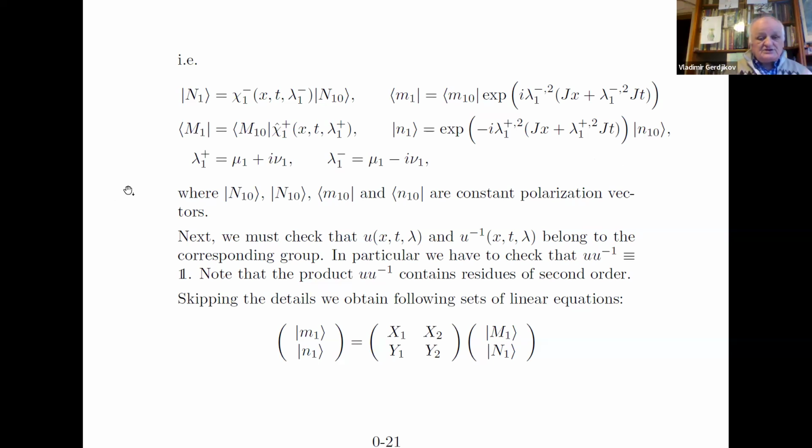And so what else must we do? Okay, we made the first step to calculating the one soliton solution. We denote here lambda 1 plus and lambda 1 minus, express them by the real and the imaginary part of lambda 1 plus.